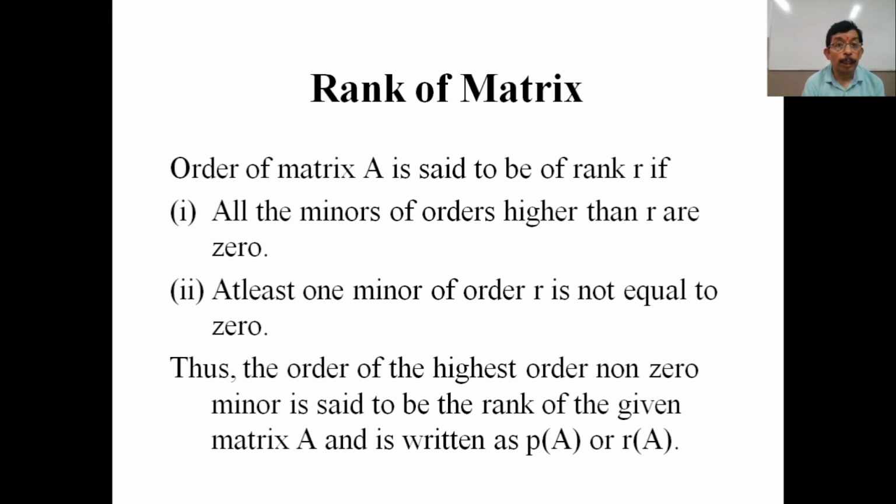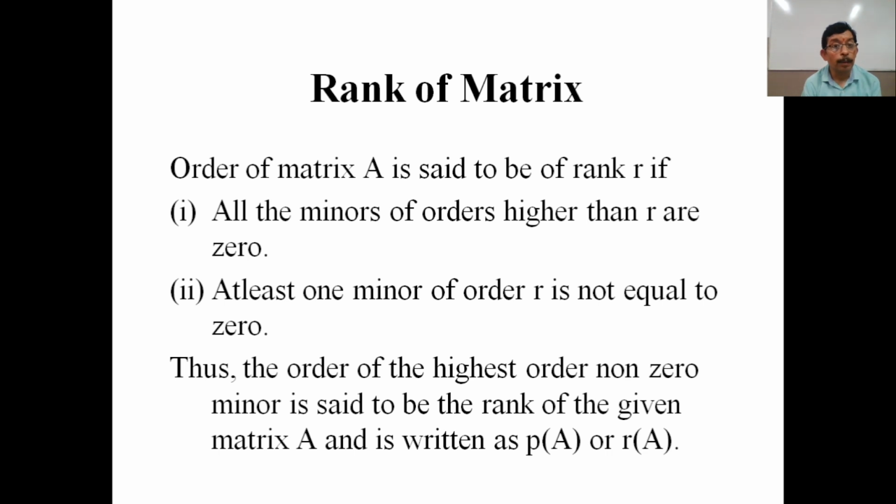If the determinant of the highest order is 0, then we calculate the lower order determinants one by one, and if one of the smaller order determinants is non-zero, then the rank is that same order.